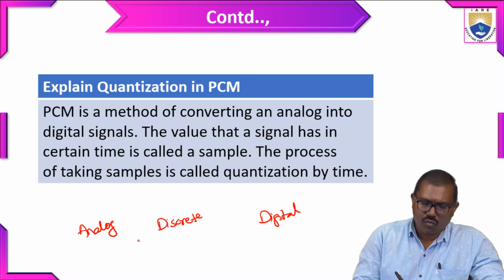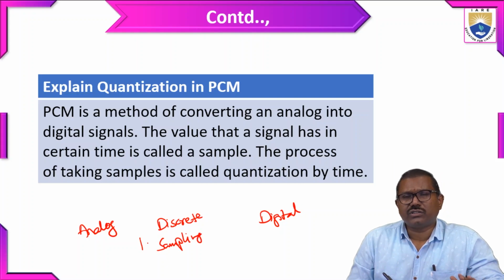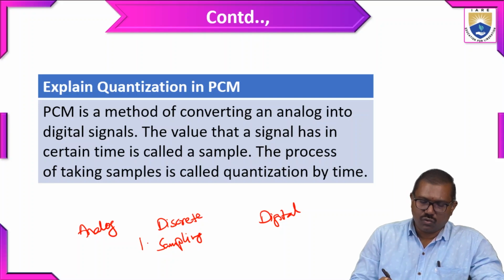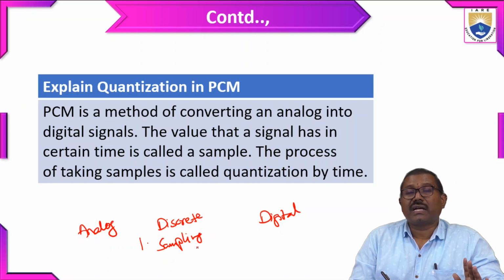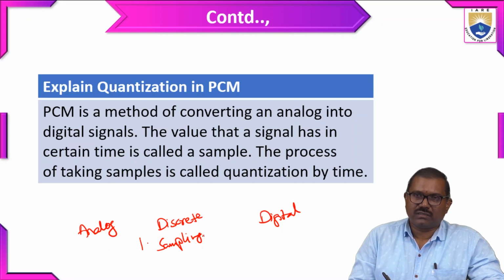One operation is sampling. Sampling converts continuous time into discrete time, but the amplitude is still continuous. So after sampling we get continuous amplitude, discrete time, but it is not the pure form of discrete.